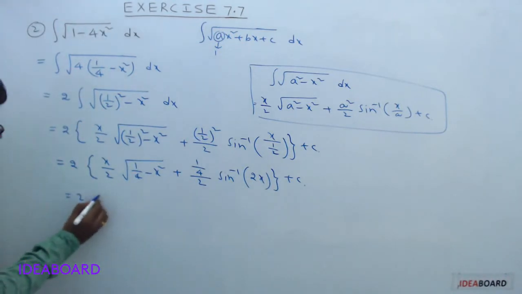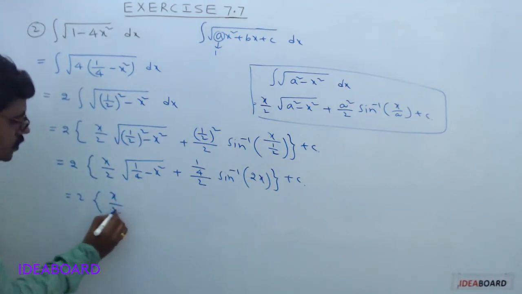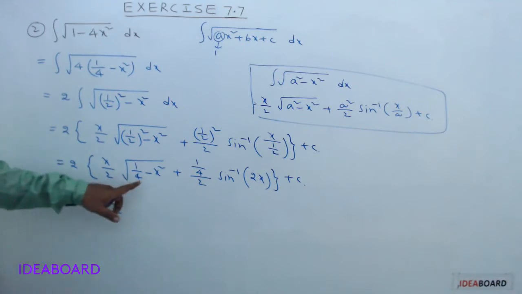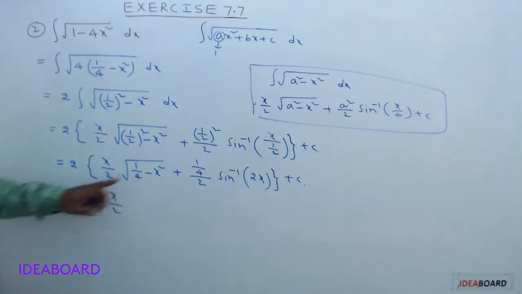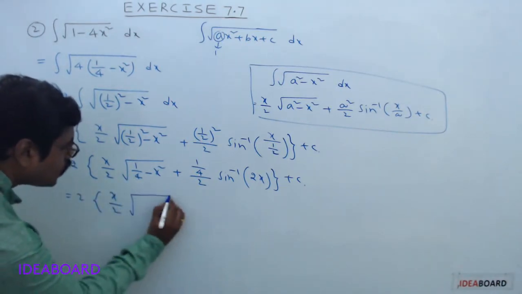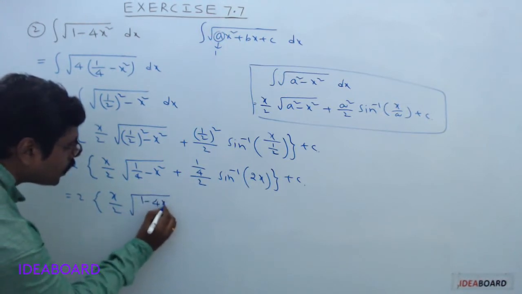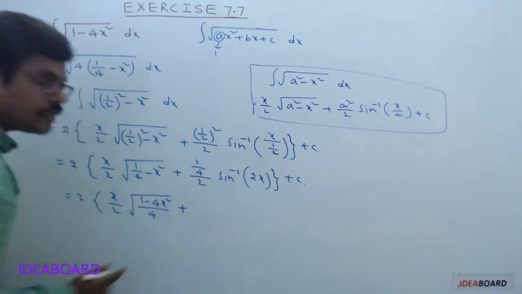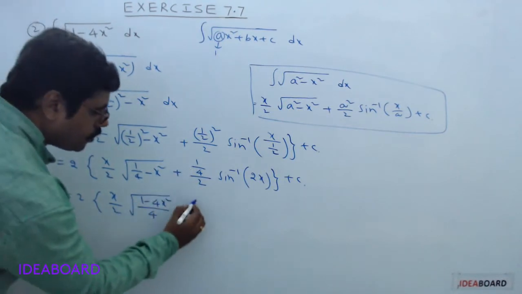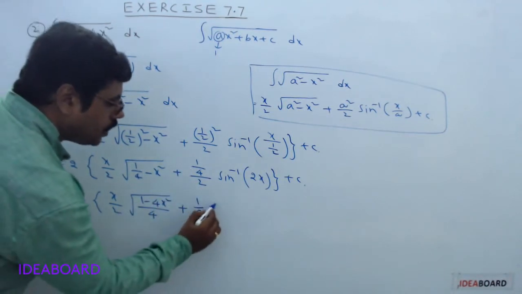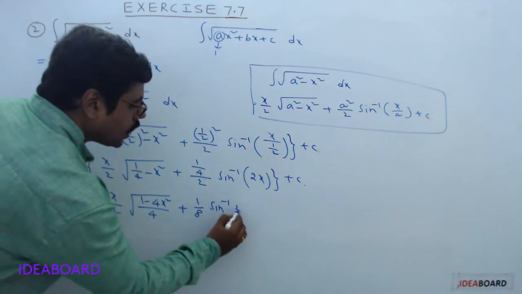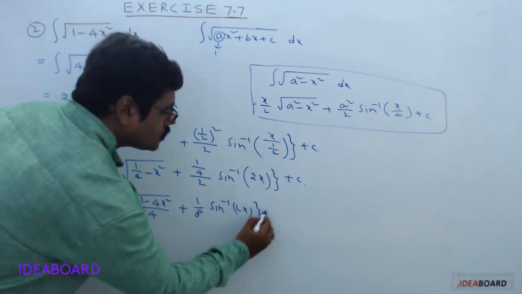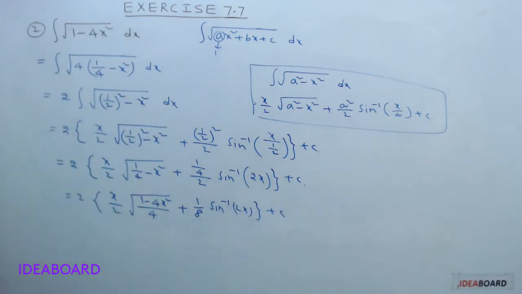Now it is 2 into x by 2 into, here take the LCM. What is the LCM? 4. So it is square root of 1 minus 4x square divided by 4, plus 1 by 4 divided by 2, it is 1 by 8 into sine inverse of 2x plus a constant c.